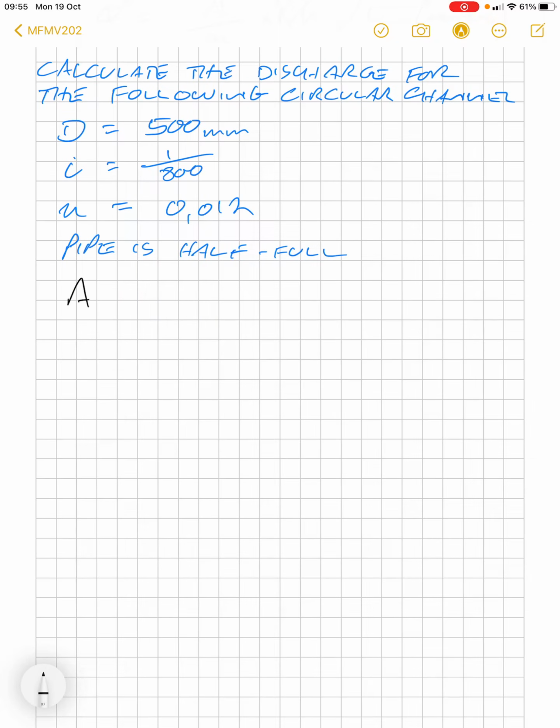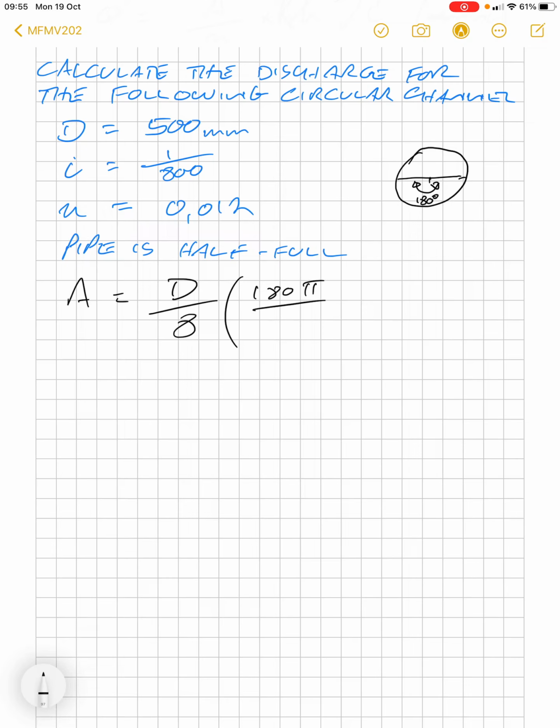Right, so let's have a look at the area. The area is d squared over 8 times theta minus sine theta. So what is theta? If our pipe is half full, and that is the center, then theta is actually 180 degrees.